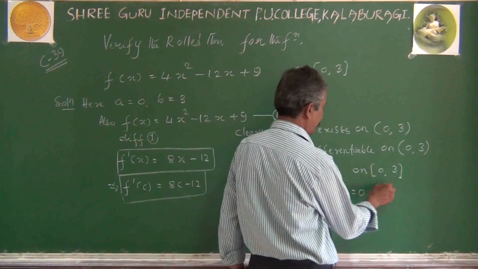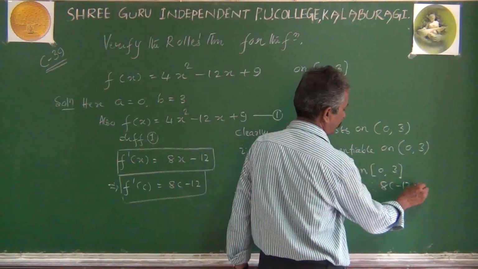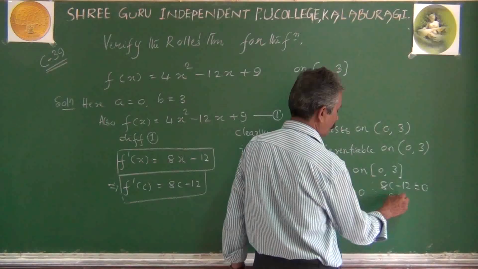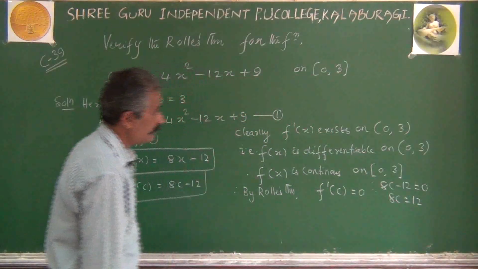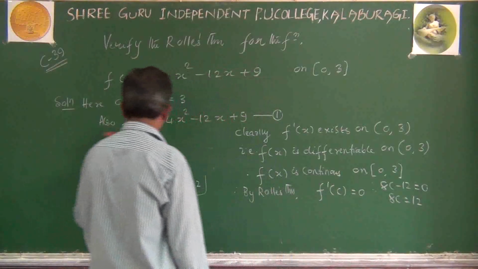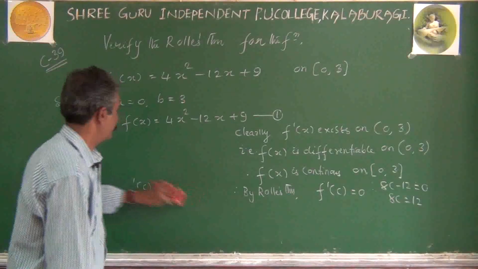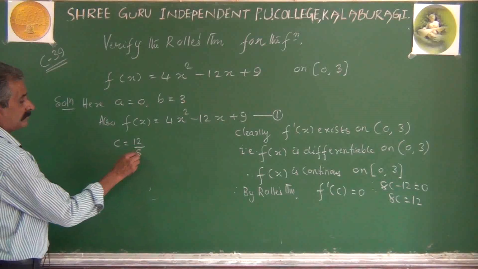Therefore, 8c minus 12 equals 0. That is 8c equals 12, or c equals 12 divided by 8. That is, c equals 12 by 8.